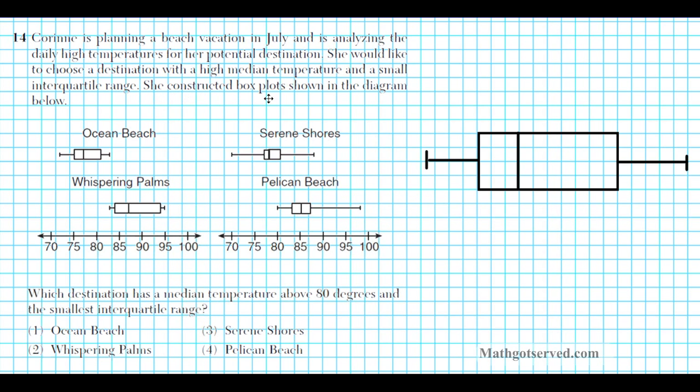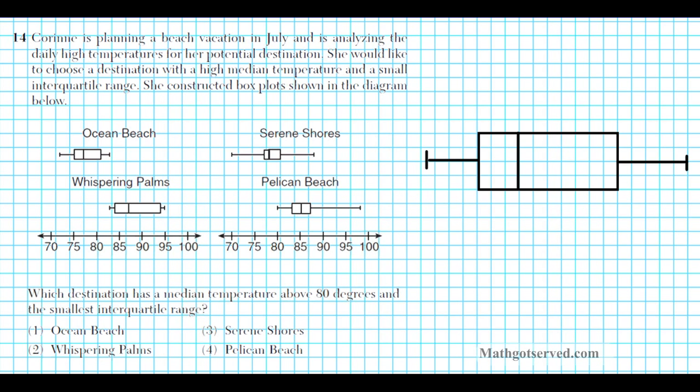She constructed box plots shown in the diagram below. So she has 4 box plots for her 4 potential destinations. So which one has as high a median temperature as possible and a small interquartile range?